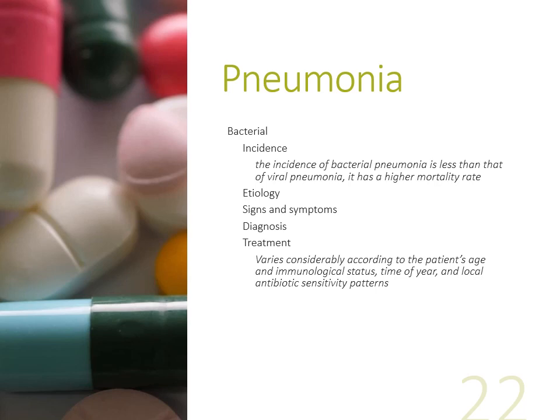When listening, crackles can be heard, with increased fremitus and dullness to percussion. Diagnosis can be made with a chest x-ray. This will show an alveolar consolidation in the area of the pneumonia, or patchy infiltrates.